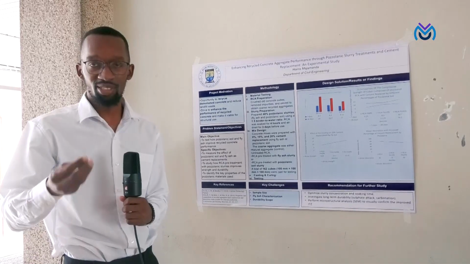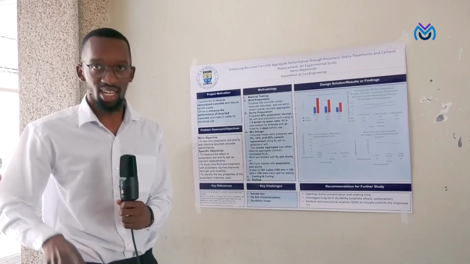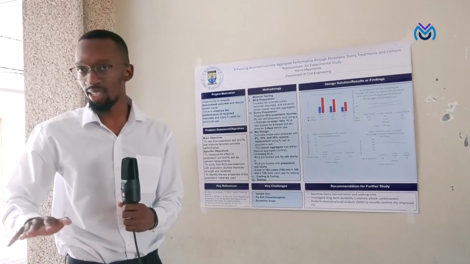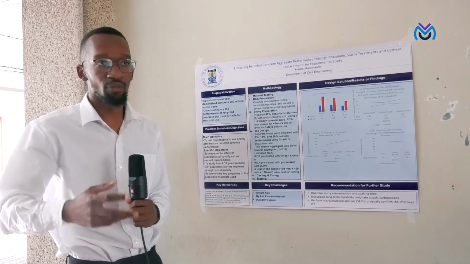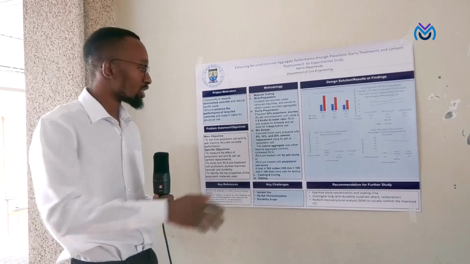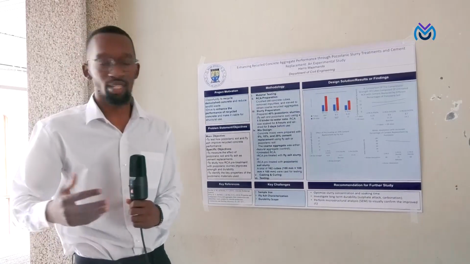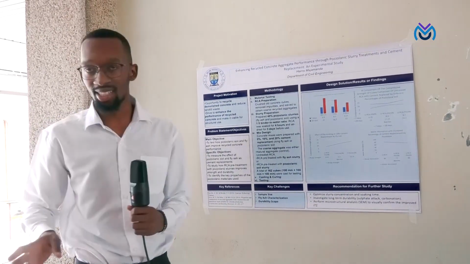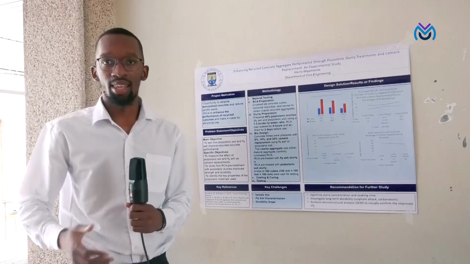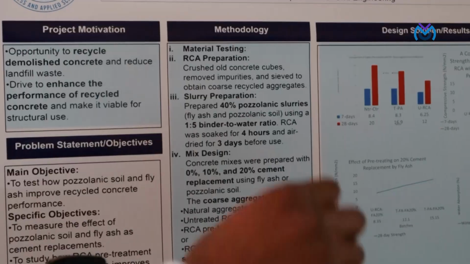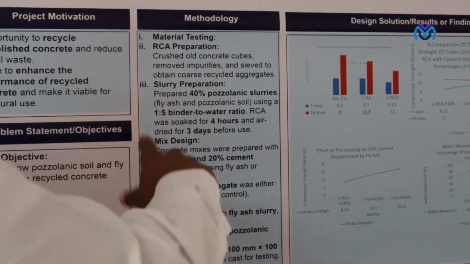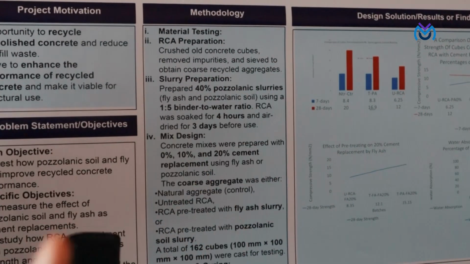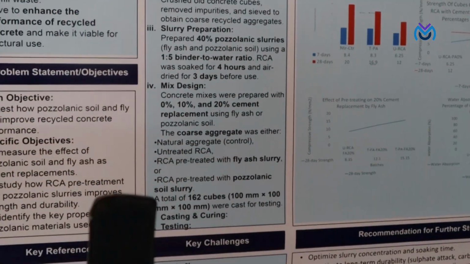And then we took the recycled concrete aggregate and soaked it in the slurry for 4 hours, and after 4 hours we dried it for 2 hours, air dry. Then we prepared the mix design for class 20, following the mix design procedures outlined in the BS. After preparing the mix design, we replaced cement with 0, 10 and 20%, varying these inputs.